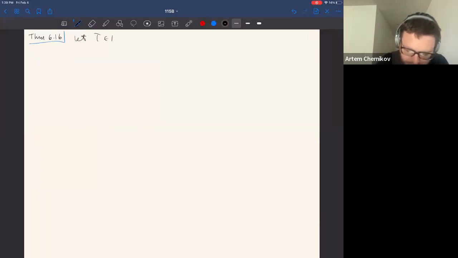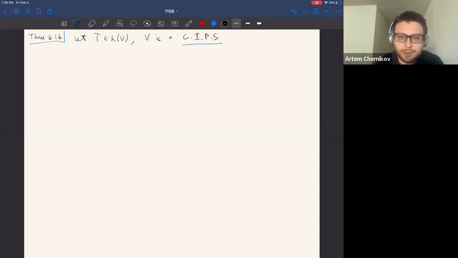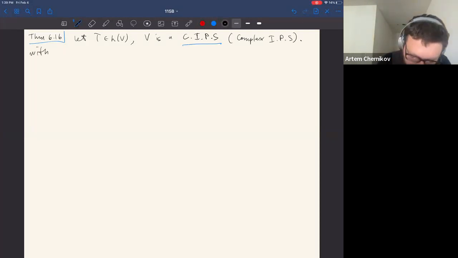So let T be a linear operator on V, and assume that V is a complex inner product space of finite dimension. So the dimension of V is smaller than infinity, okay?